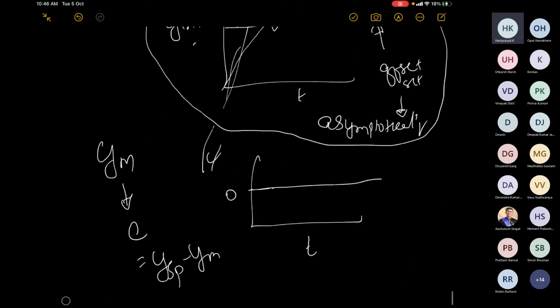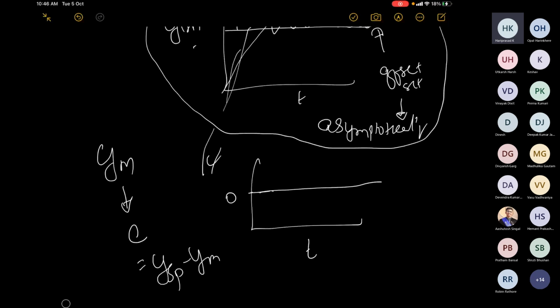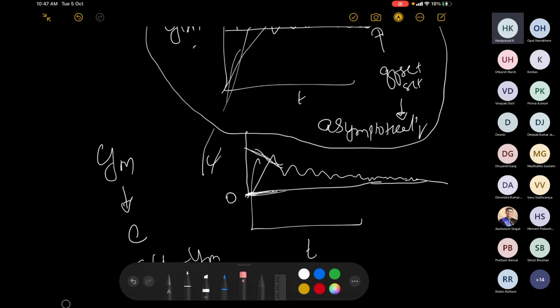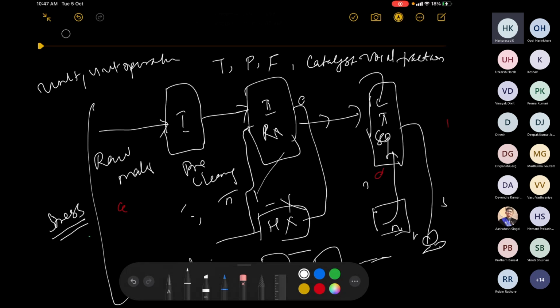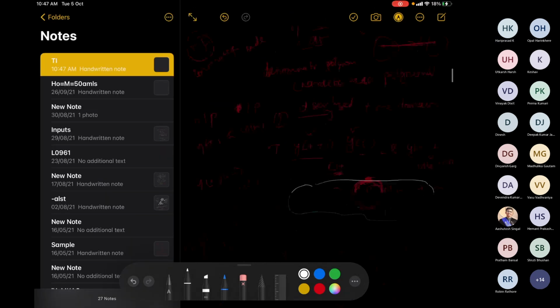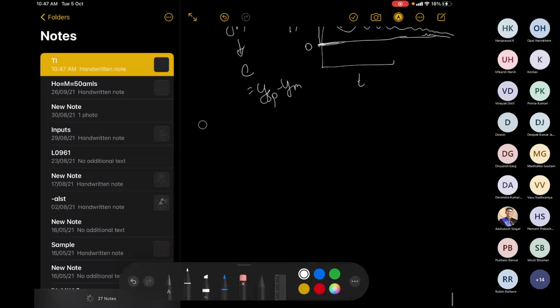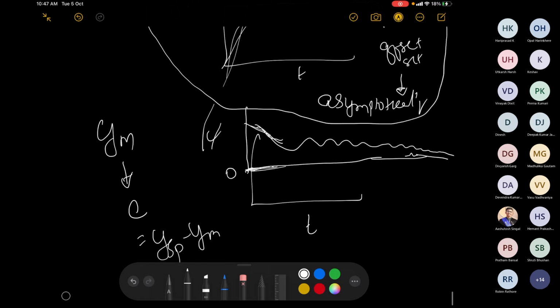Initially there may be a high value, since the initial error cannot be 0, and slowly it should finally go to 0. So this is the expectation.